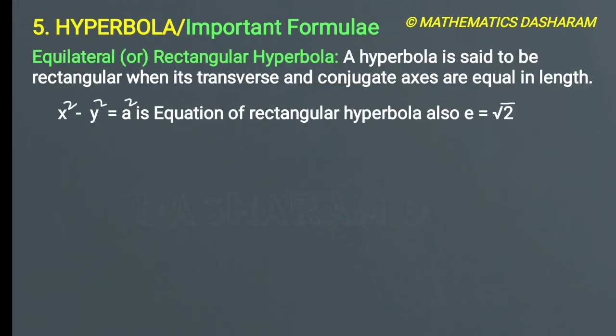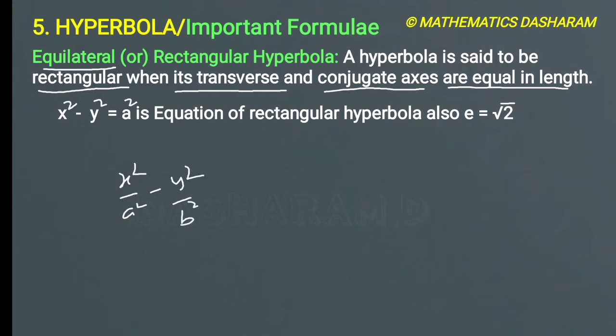The next definition is equilateral or rectangular hyperbola. A hyperbola is said to be rectangular when its transverse and conjugate axes are equal in length. Actually the standard form of a hyperbola is x square divided by a square minus y square divided by b square equals 1.